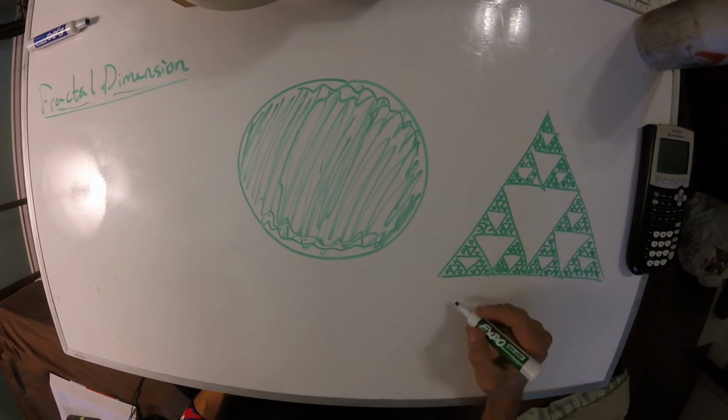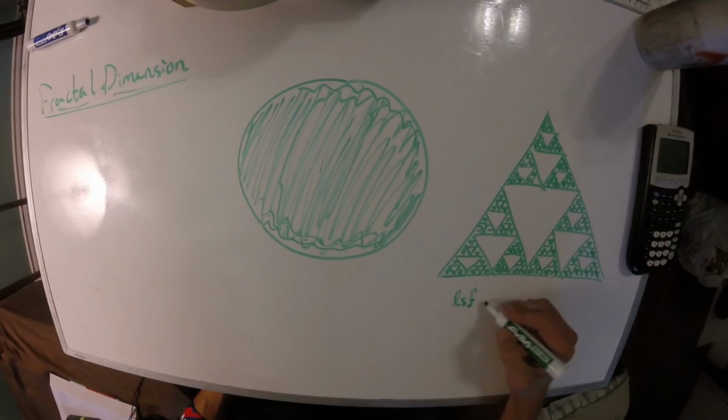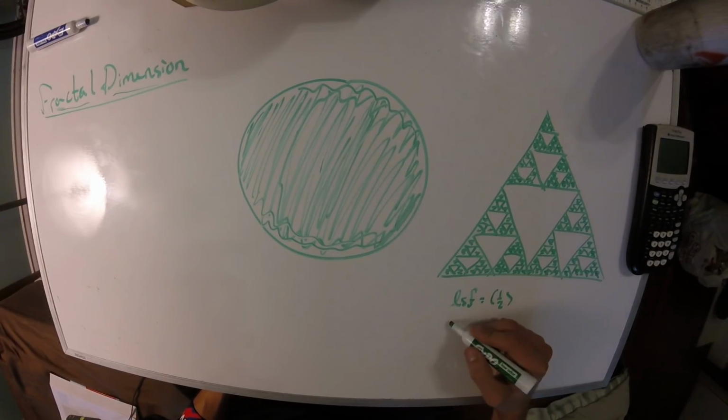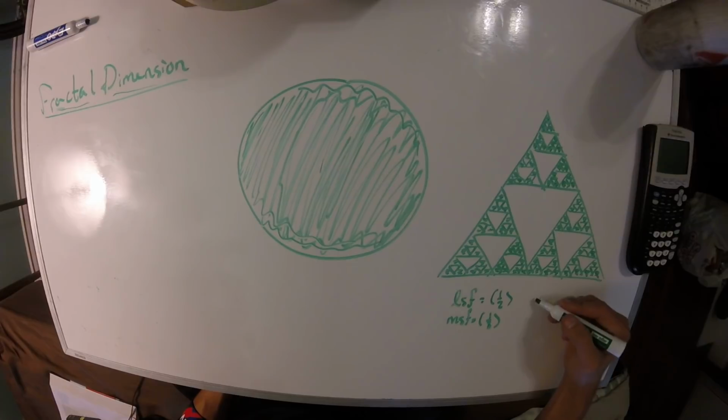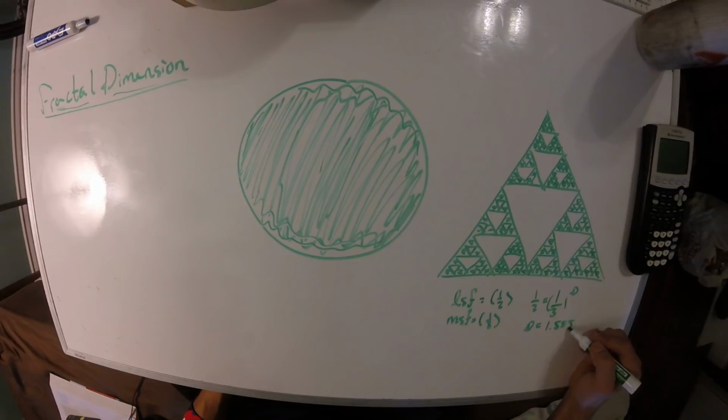So we had this length scaling factor that was equal to a half, and this mass scaling factor that was equal to a third. And so with 1/2 equals 1/3 to the dimension, we got that this dimension was equal to 1.585-ish.